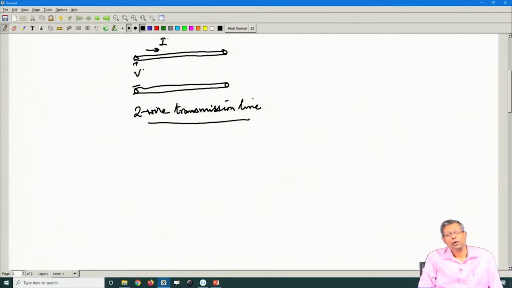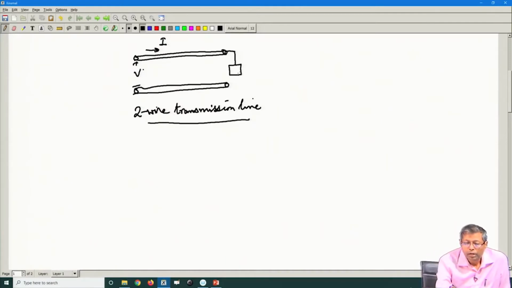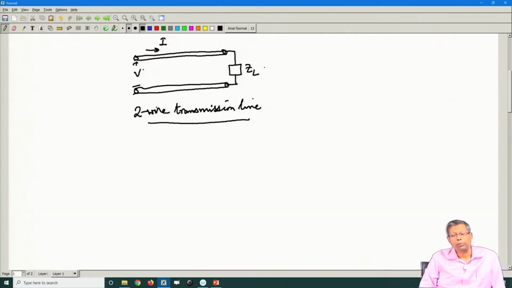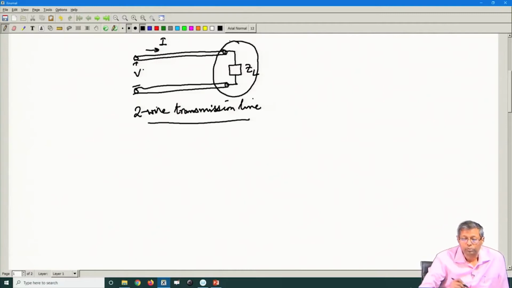So, we have the incident voltage wave, the reflected voltage wave, the incident current wave and the reflected current wave. We can characterize the reflection phenomenon from a load in the transmission line by applying the voltage equation at this load.